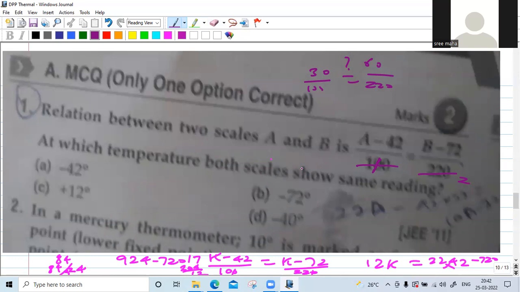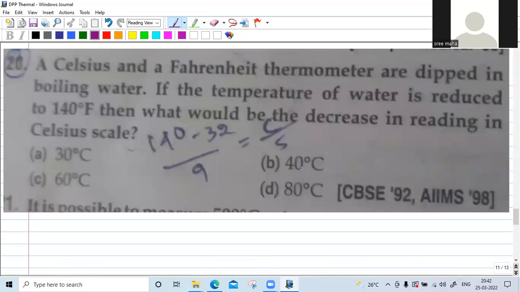This one: Celsius and Fahrenheit thermometer dipped in boiling water. The temperature of water is reduced to 140. What will be the increase in gradient of Celsius? The same thing.